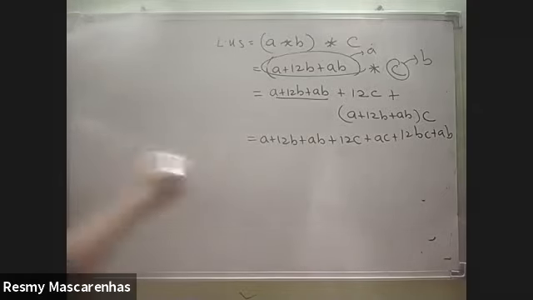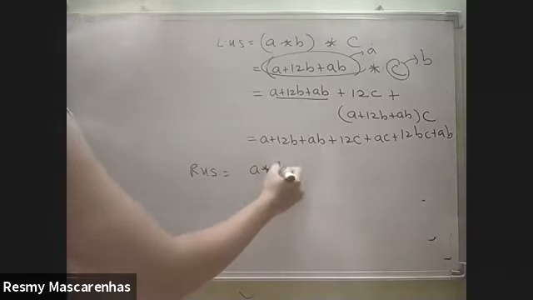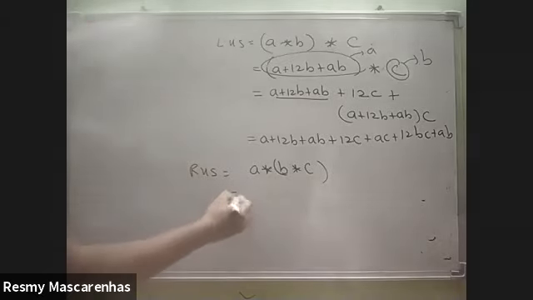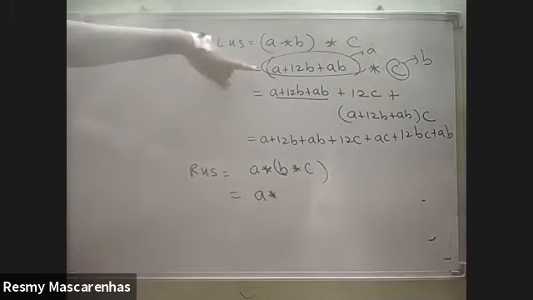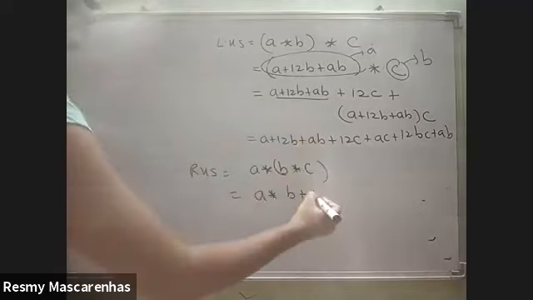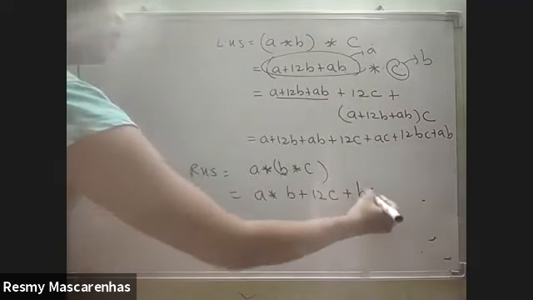Okay, then find the right hand side similarly. So as per that, now what it will be? B plus 12C plus BC.